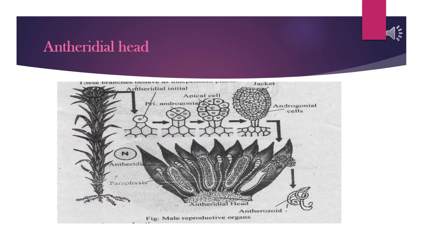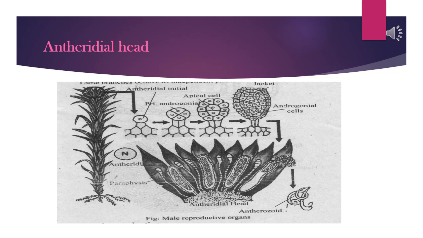So let us first study the structure of the male reproductive structure, which is called antheridia. Here you can see in this diagram the antheridia are borne in an axillary cluster at the tips of leaf stems. So always the antheridia will be formed in a cluster manner. They are surrounded by a rosette of leaves called perigonial leaves.